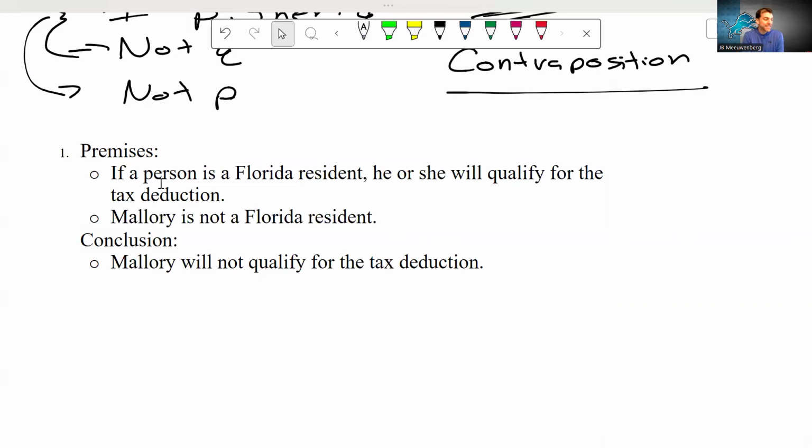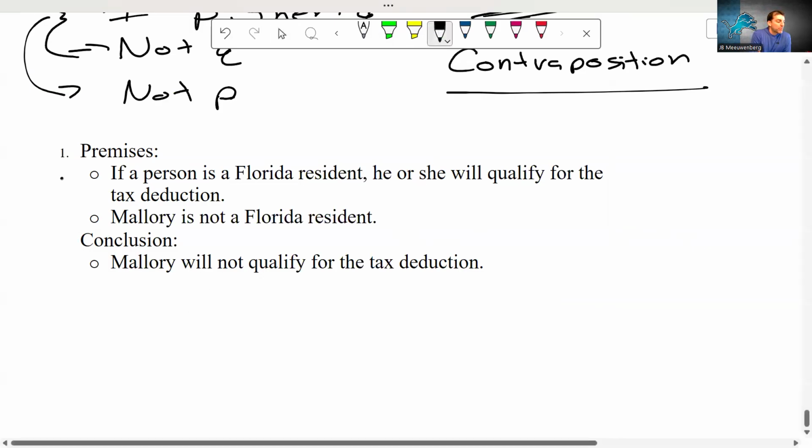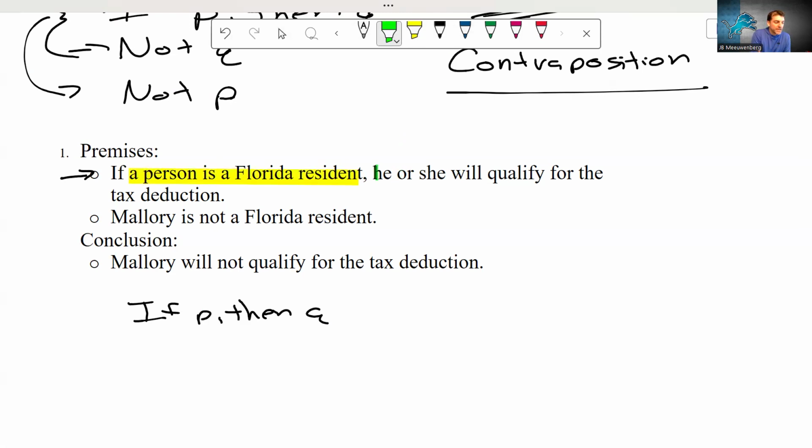Mallory is not a Florida resident. The conclusion is Mallory will not qualify for the tax deduction. So let's see. Premise number one, if P, then Q. The P is a person is a Florida resident. The Q is he or she will qualify for the tax deduction.